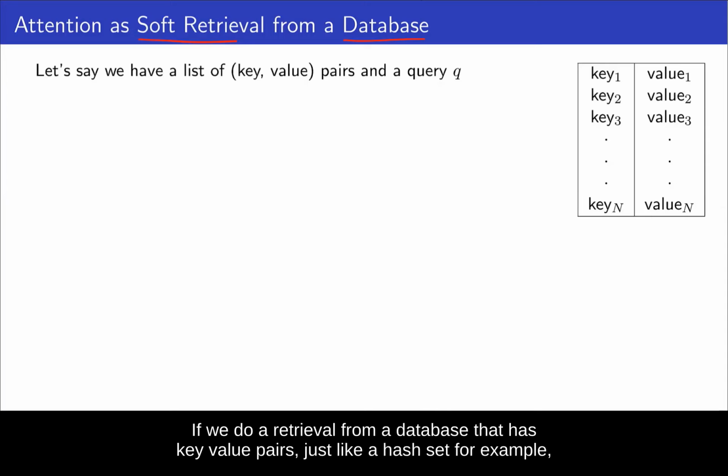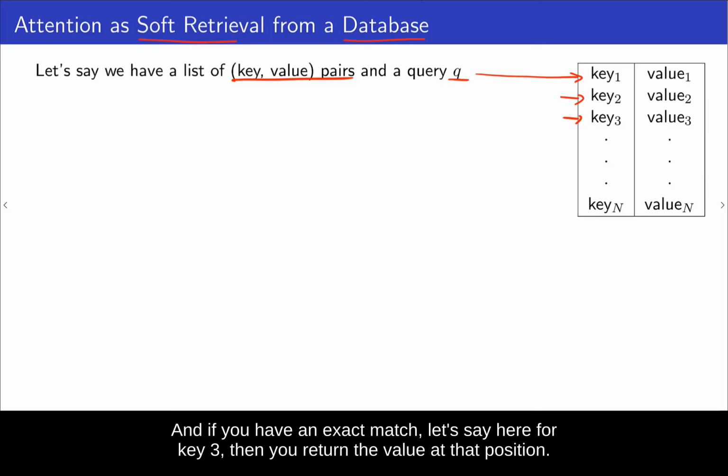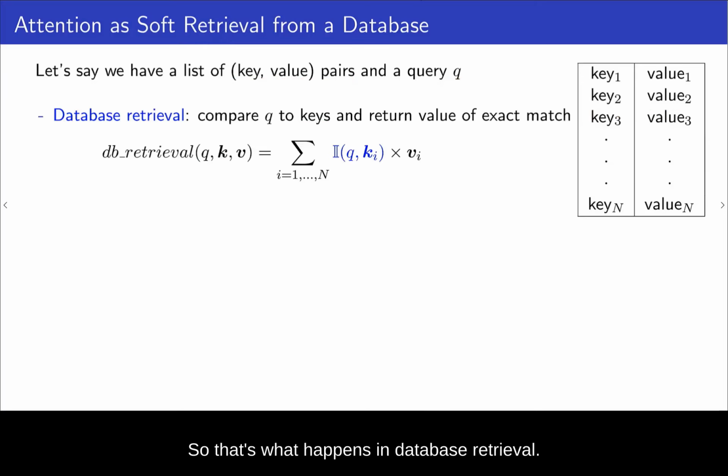So if we do retrieval from a database that has key value pairs, just like a hash set, for example, what you do is, well, you have a query queue and you compare this query queue to each of the individual keys. And if you have an exact match, let's say here for key 3, then you return the value at that position. So that's what happens in database retrieval.